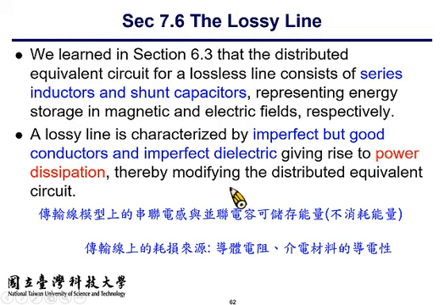Of course, this is not true. So any circuit that we can make in reality contains certain mechanisms of loss.